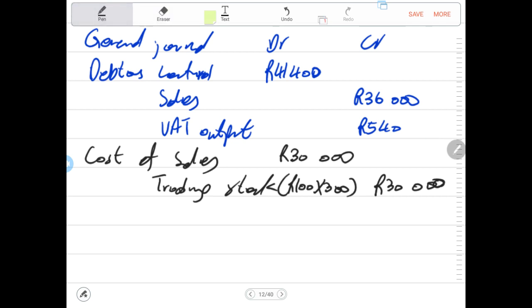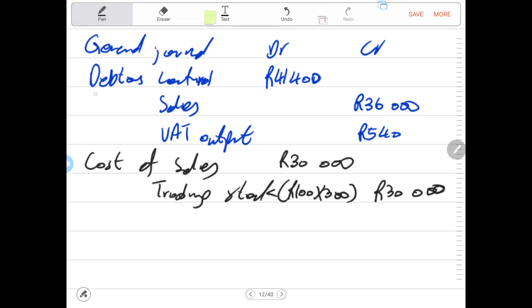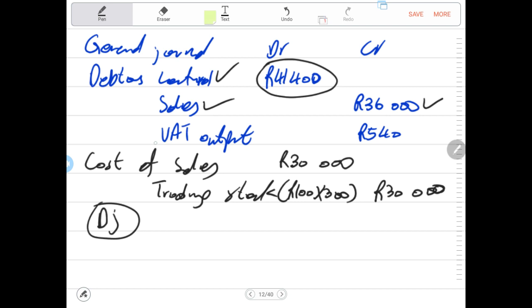Now we are again doing the debtors journal. This affects our debtors journal. Whenever you sell on credit to a customer, the debtors journal is the journal to be recorded under. Now under debtors control, 41,400 does have a column. 36,000 does have a column, which is sales.